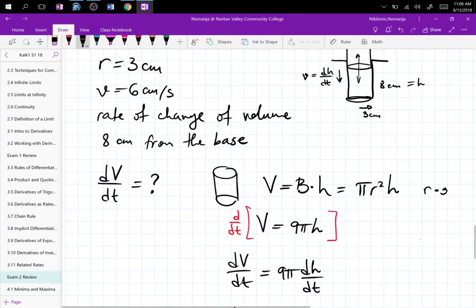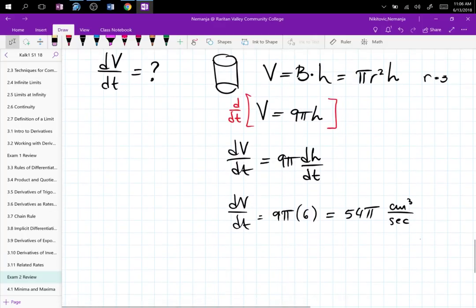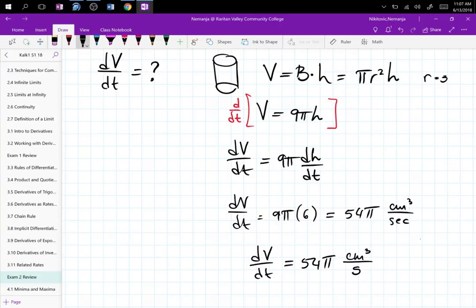Yep, centimeters cubed per second. What they're looking for is dV/dt, and I have it as 54 pi, so it's about 160, 170, whatever it is, centimeters cubed per second.